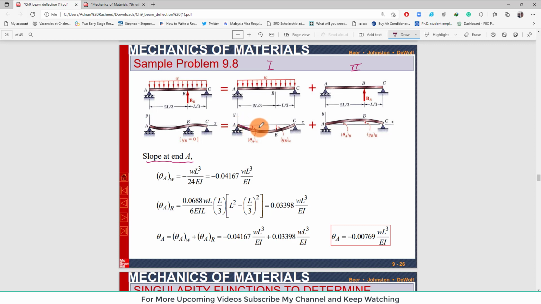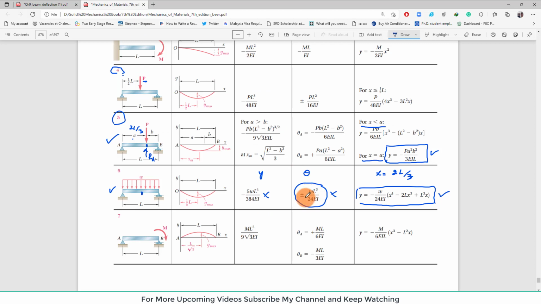So it is clockwise, sorry, the slope is downward and this theta is clockwise from the original because it is downward. Clear? So this theta is negative, and this is the same, minus WL cube over 24 EI.